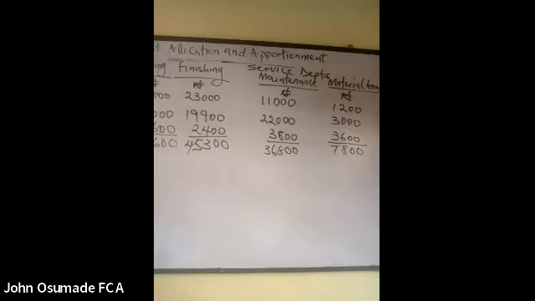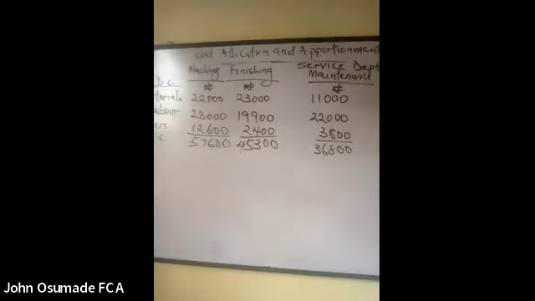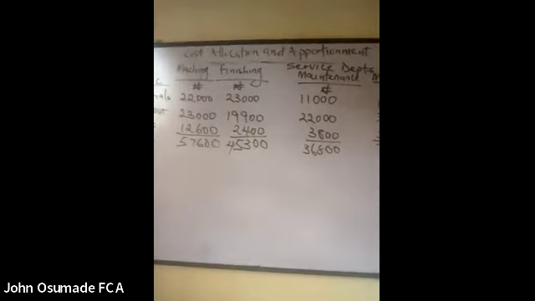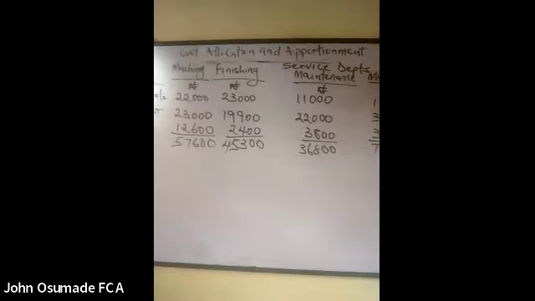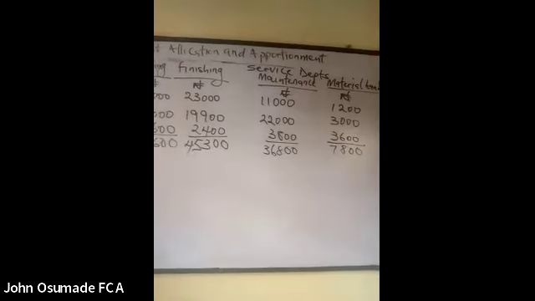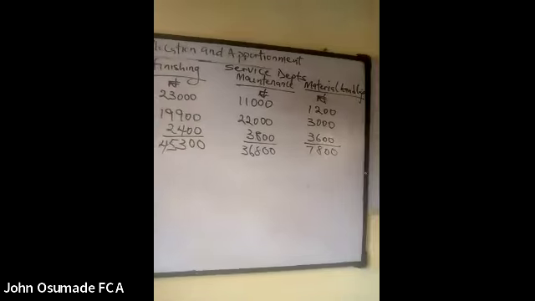This is the total direct cost for machining 57,600, for finishing 45,300, for maintenance department 36,800. Then for material handling we have 7,800 naira. This is the direct cost.